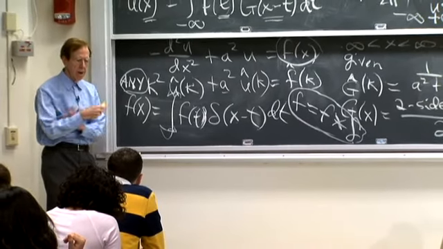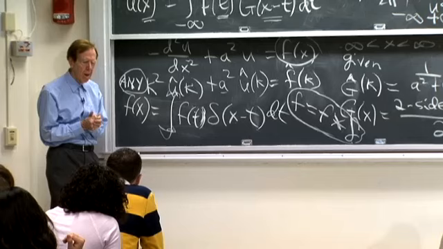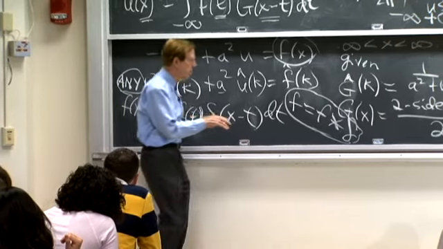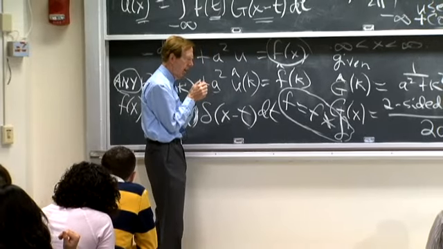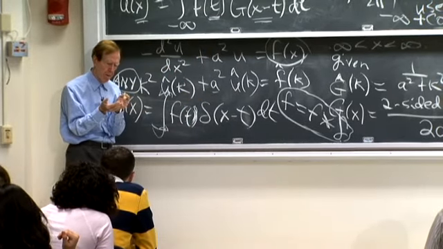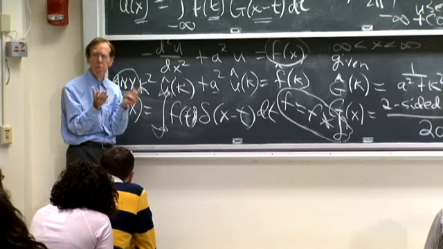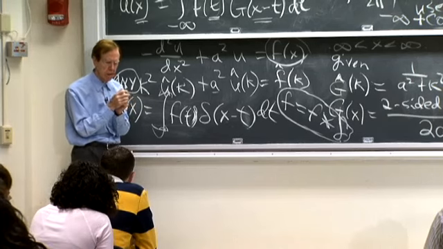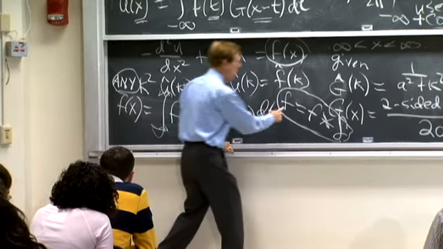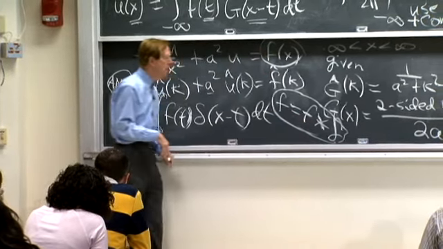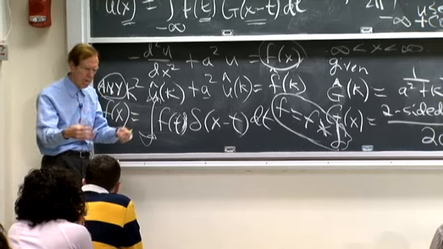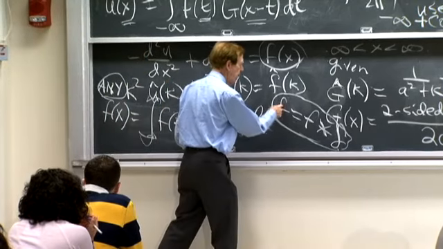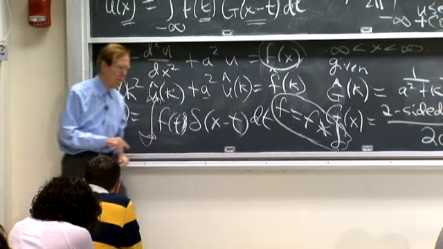In convolution, delta is 1. Because when I go to the other space and I get a multiplication, it really is 1, right? In the other space, this convolution in x space turns into multiplication in frequency space, and it just tells me that f hat is f hat times 1.